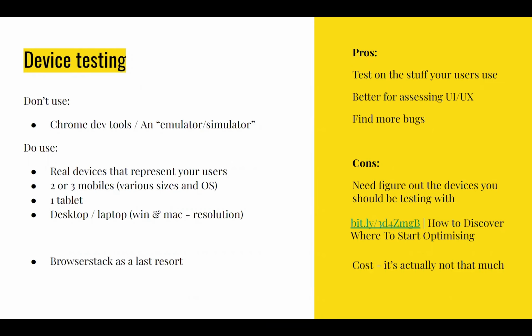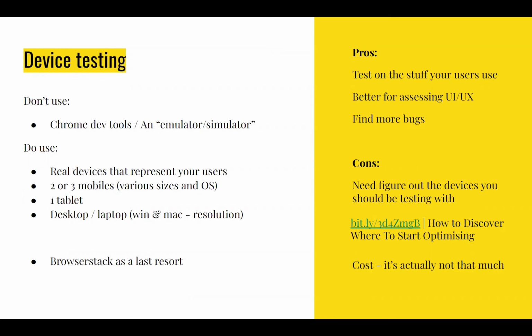So the advantages are you're testing what your users use, so not what's sat on your desk at the minute. A lot of us will have a giant iPhone, whereas your users probably commonly will be using an iPhone 6s. It's much better for assessing the UI and UX, that physical device with your website, and I can probably guarantee you that you're going to find more bugs.